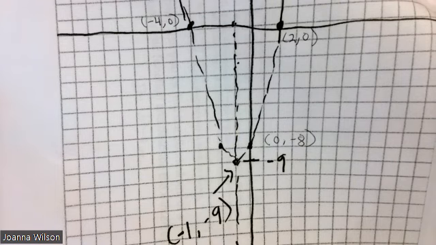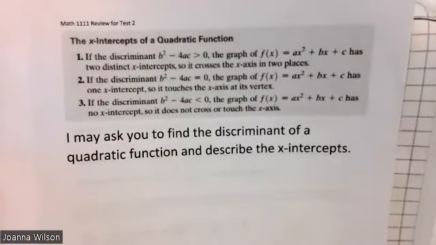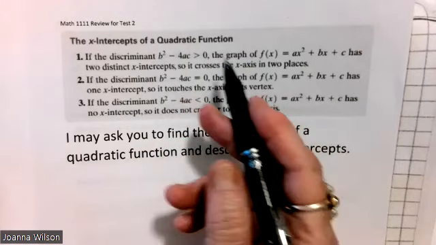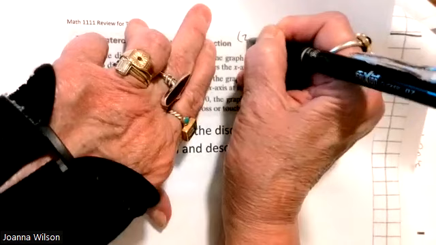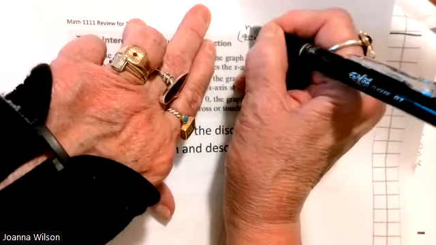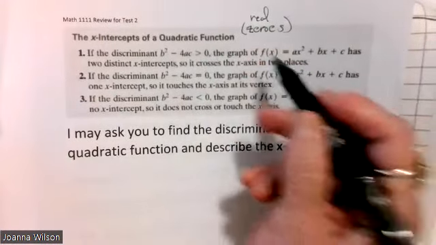Okay. Well, this is just talking about the discriminant and the x-intercepts, which are the zeros of the quadratic function. Remember, x-intercept just means the zeros. It's really the real zeros, but we don't really talk about non-real in this course anymore. I don't know why.